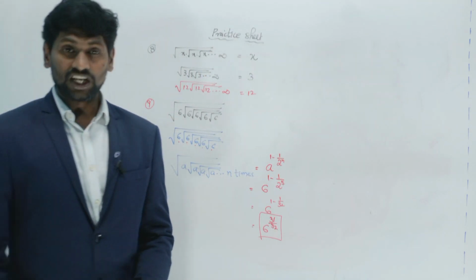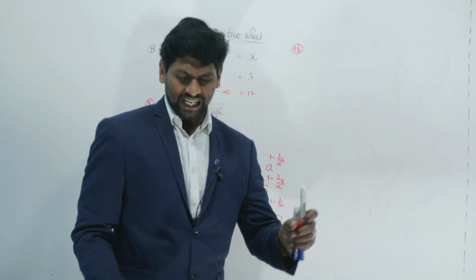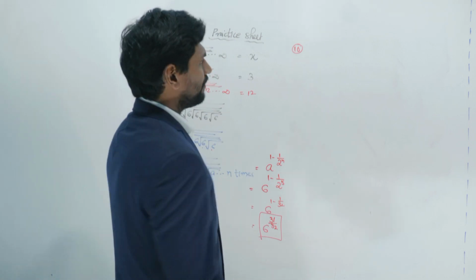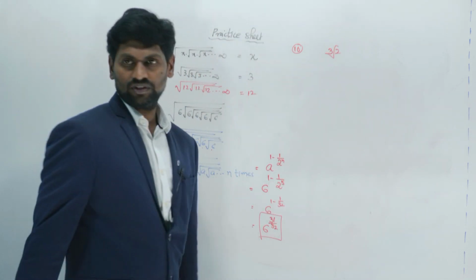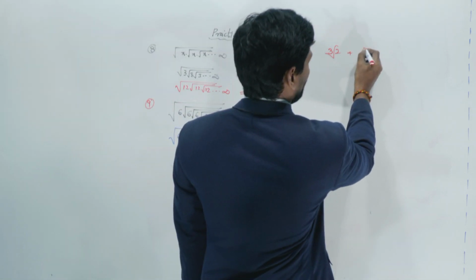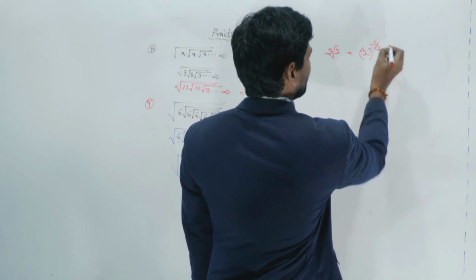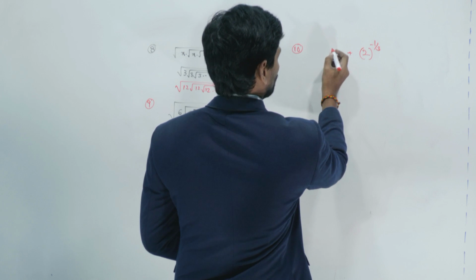The practice sheet's last problem, the 10th question. What is the rationalizing factor of 2 power 1 by 3 plus 2 power minus 1 by 3?